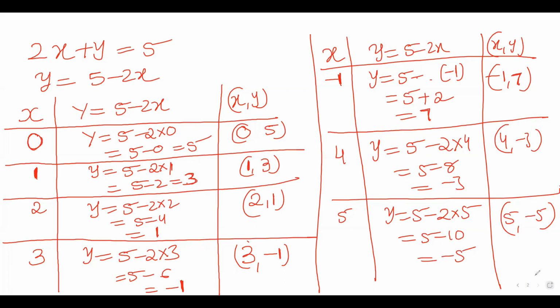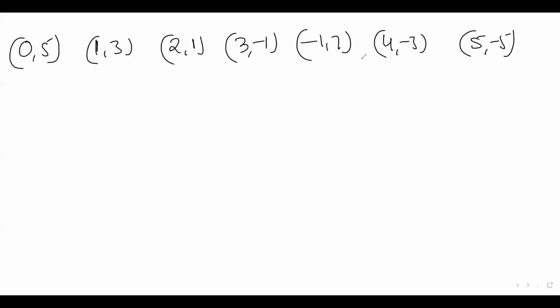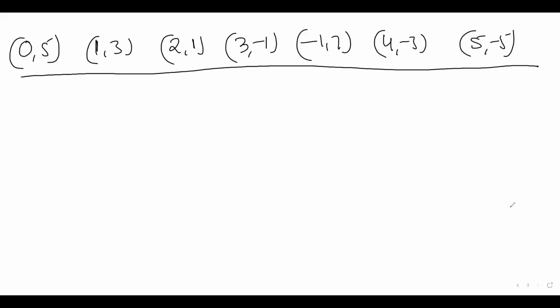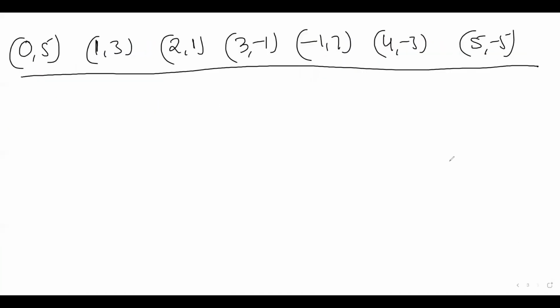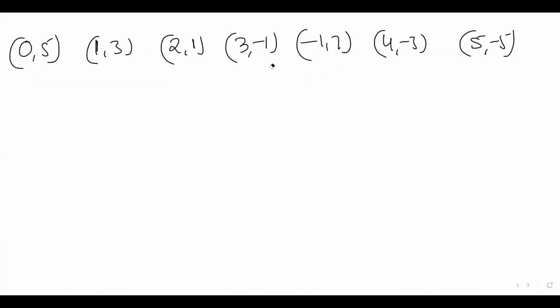Let's start. 0, 5. So these are the points which we got from the first line. These are solutions of the first line. So let's write all these points at one place. It will be easy to draw the graph by looking at these points.